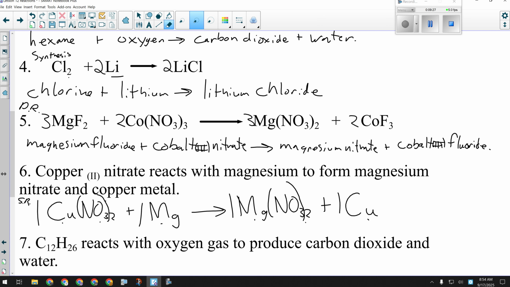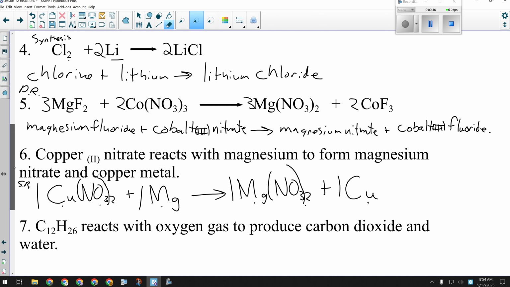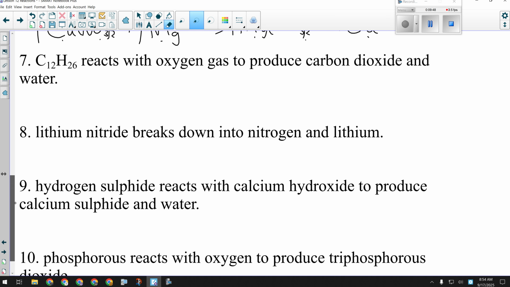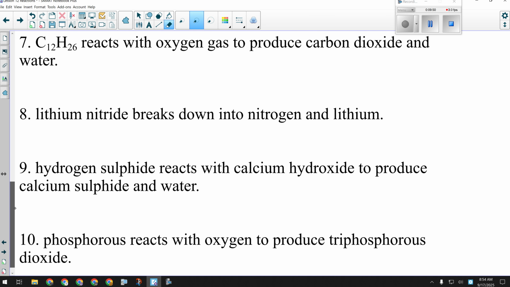Okay, does that make sense? Fundamentally, it's not any different than what we were doing before. You're still being asked to balance a reaction. You know how to write formulas. That's not a new skill. You're just using it in a different context. And then still identifying those reaction types that we've been doing already. Okay, try 7 to 10 there. Give you a few minutes to get ahead of it.